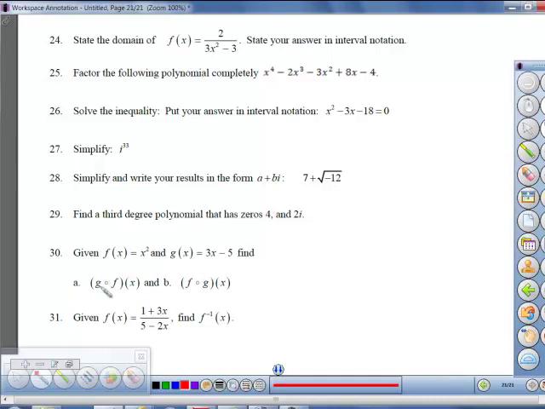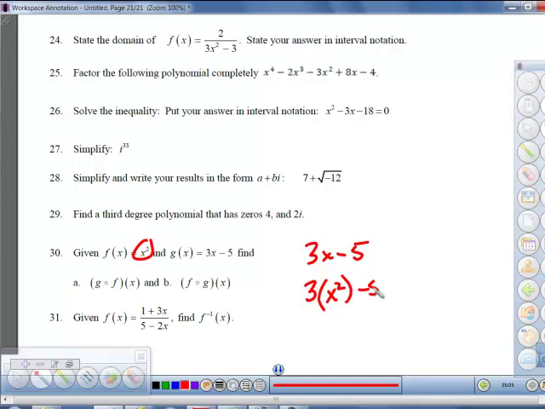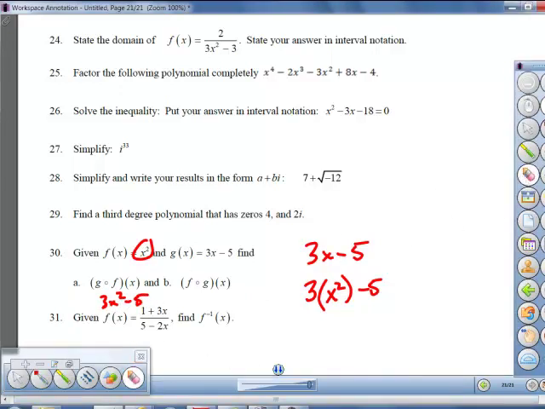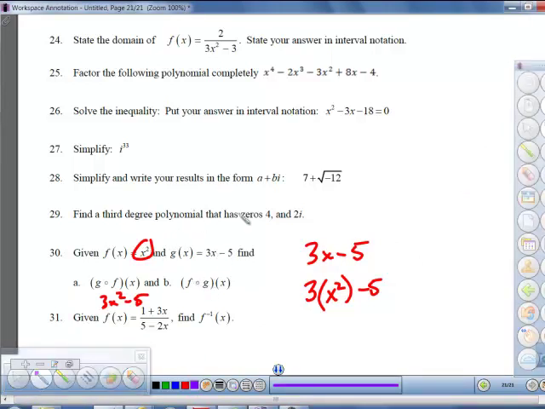Okay, so the g function, which is 3x minus 5, I'm going to substitute the f function inside of that. So it's going to be 3 times x squared minus 5. Okay, so that's 3x squared minus 5. All right, now, next one. f of g means that I'm taking the g function and substituting it in.